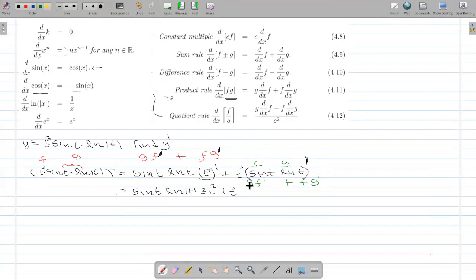Okay, so here this t cube, I have to multiply everything. So I have to have a bracket here. So f dash here, I will write g, no, my green one is here, ln t, and the derivative of f dash is the derivative of sine t.